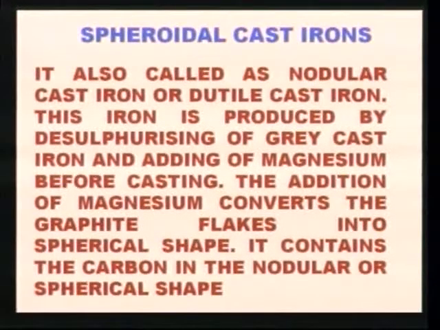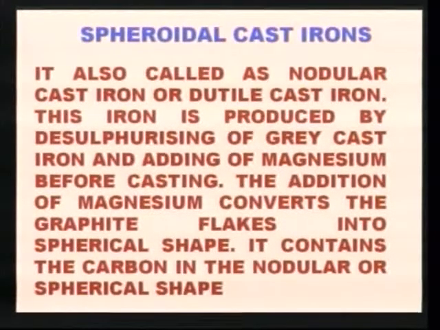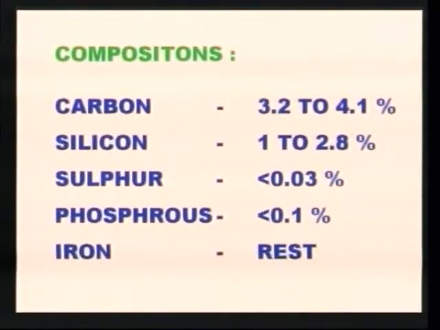The addition of magnesium converts the graphite flakes into spherical shape. It contains the carbon in nodular or spherical shape. This is the composition of the spheroidal cast iron.